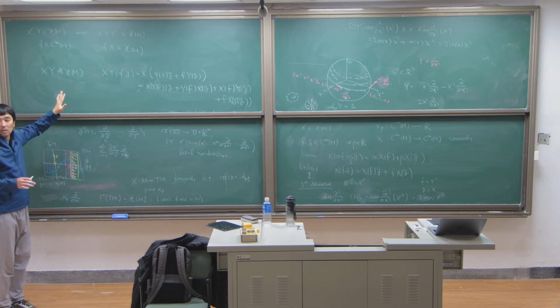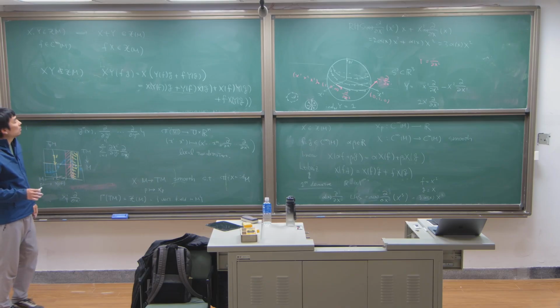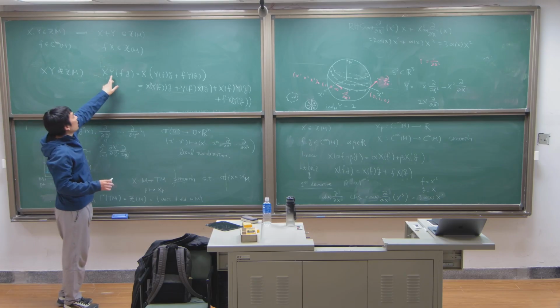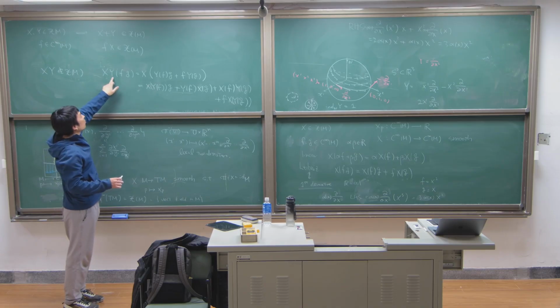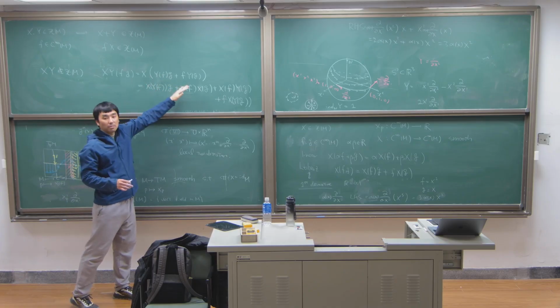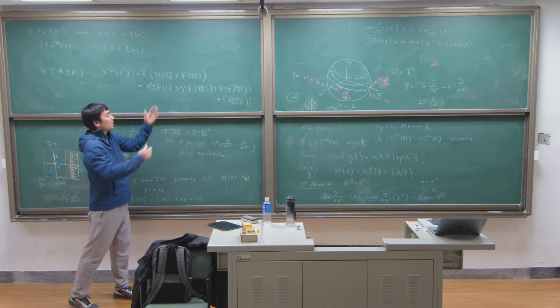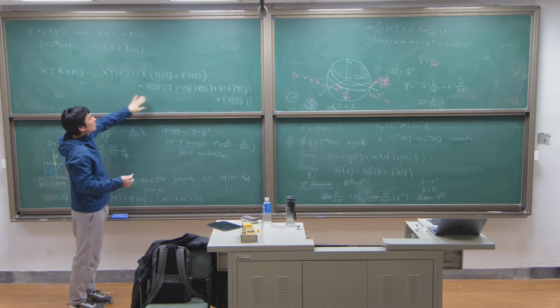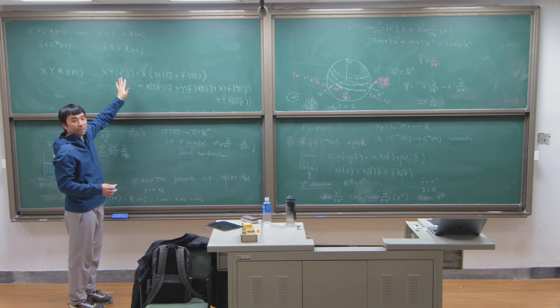Do you understand what I mean? Is that okay? Because what I did is just that if x and y are vector fields, we apply the Leibniz rule to each one. But at the end, xy does not satisfy it. So therefore, xy cannot be a vector field.